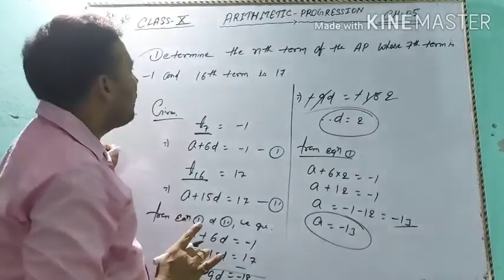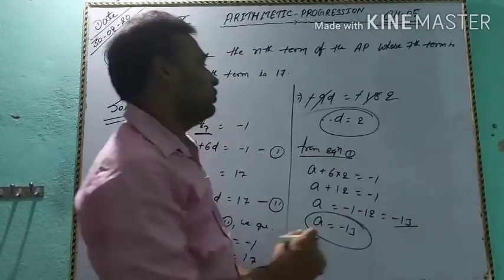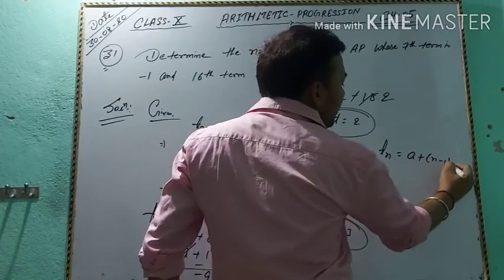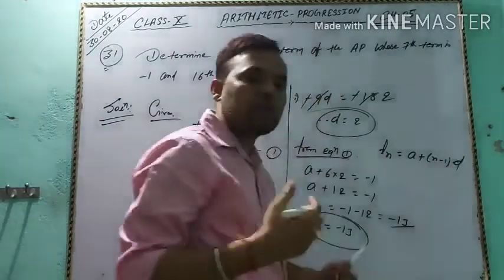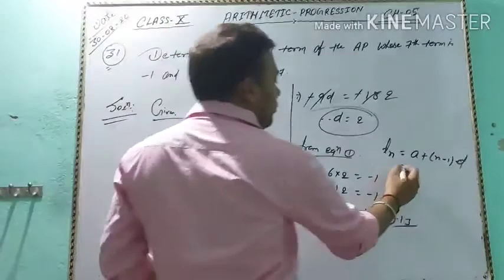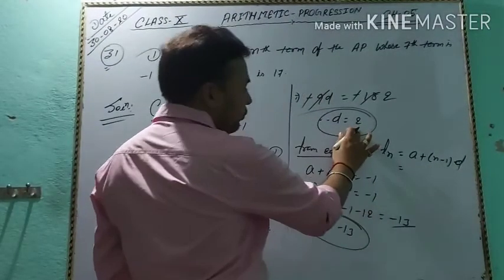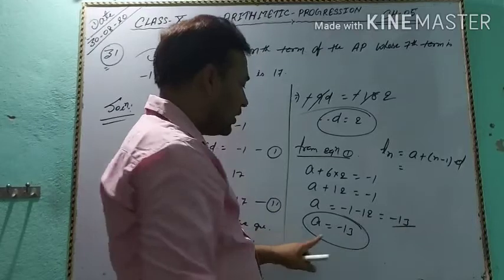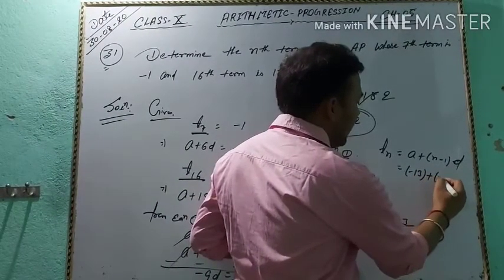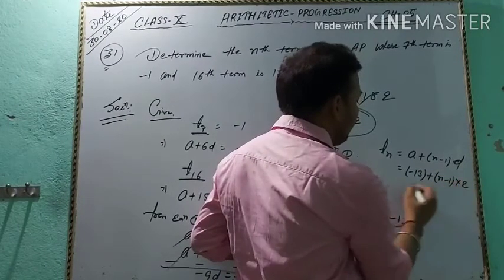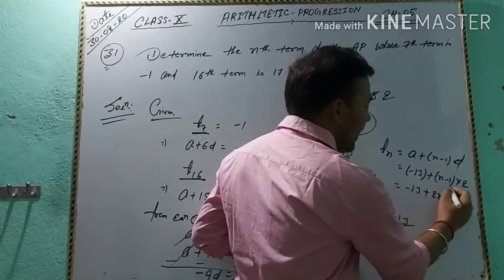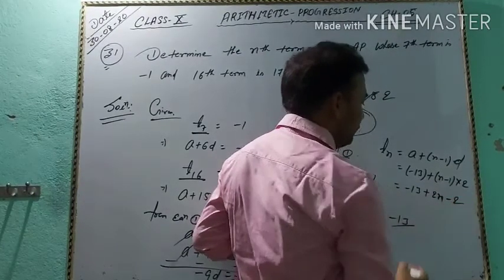Okay, so determine the nth term. So Tn equal to, students, a plus n minus 1 into d, that is the nth term. So a equal to minus 13 plus n minus 1 into 2, that is minus 13 plus 2n and minus 2.